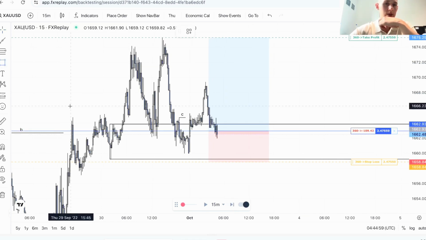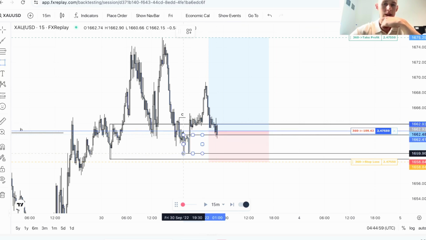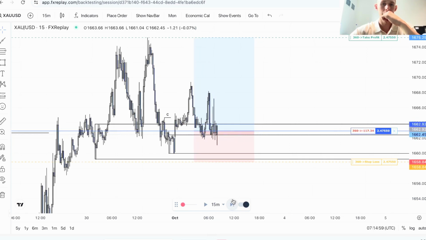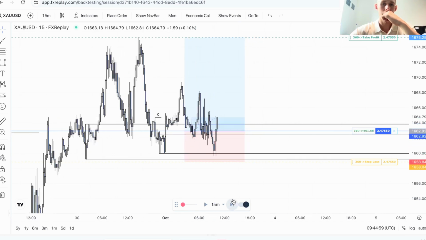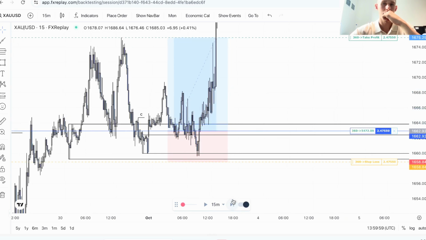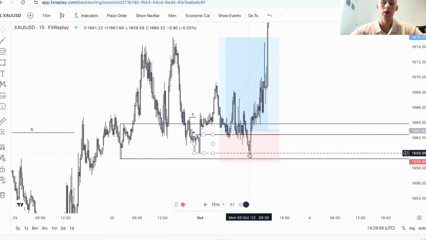Cool, so I quite like this. We've had clear break of structure, liquidity taken out into this area of demand. Nice, so there we go.